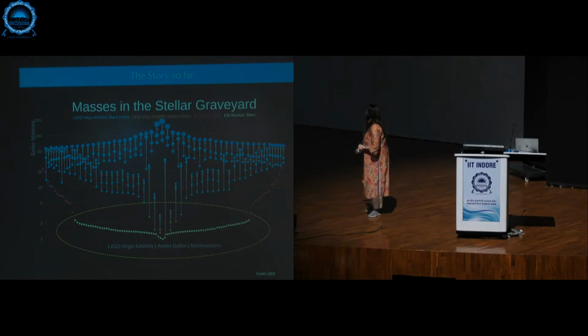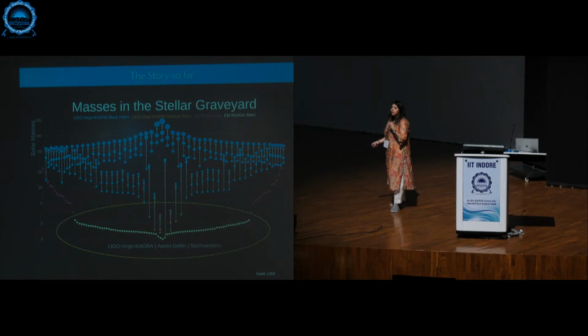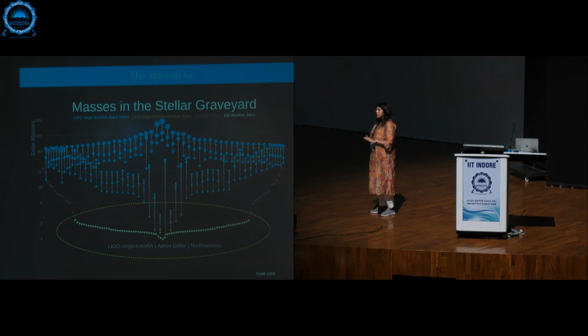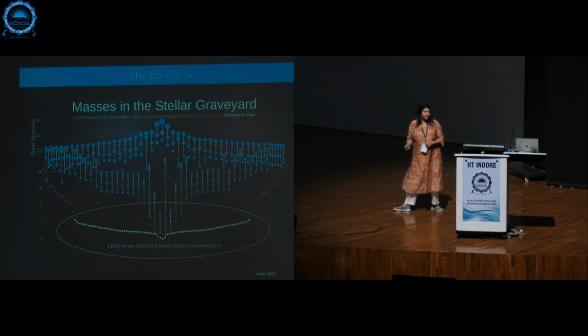So you can see here that we are already in a very interesting regime. Earlier we thought that there is a mass gap between neutron stars and black holes. As you can see, we have already detected many systems which are within the mass gap, and therefore these are raising a lot of interesting questions as to whether the theoretical models can put important constraints on these kinds of objects.